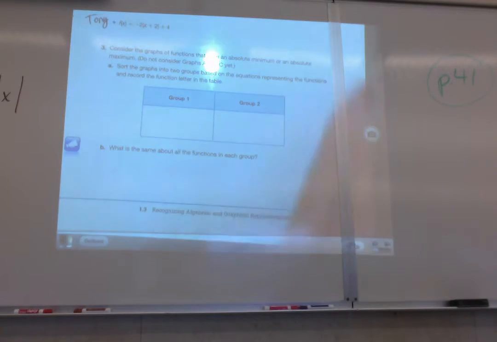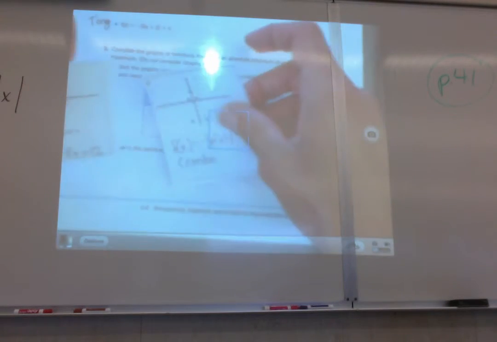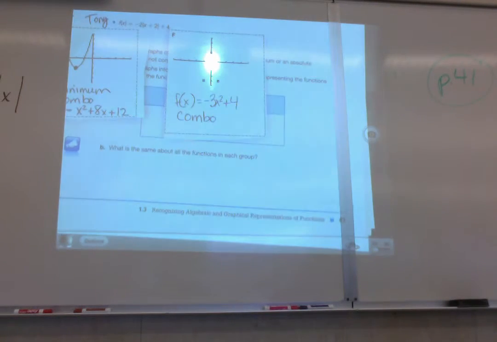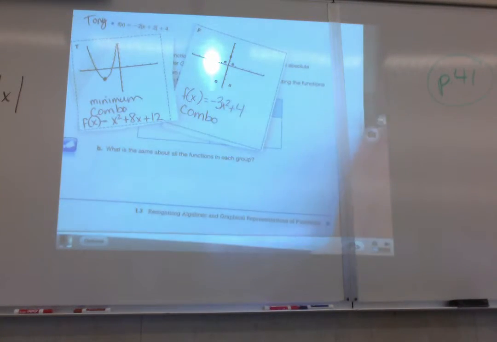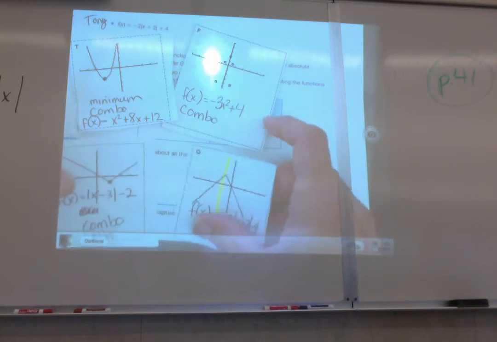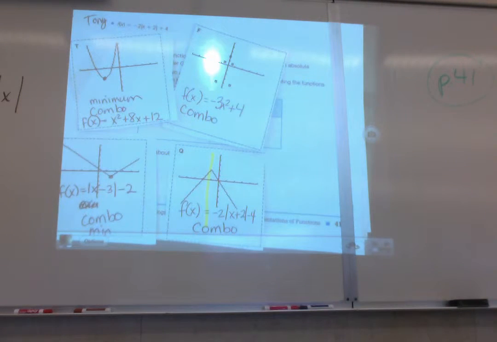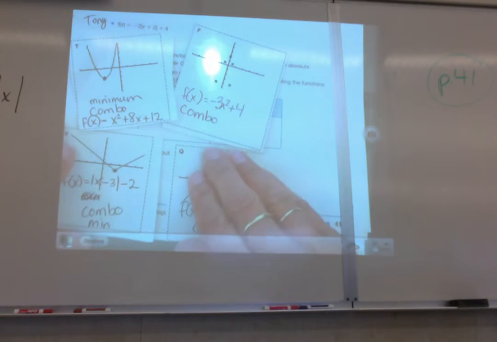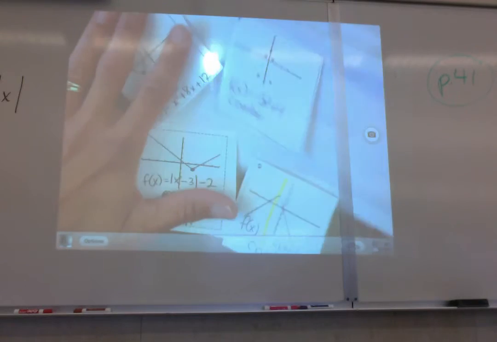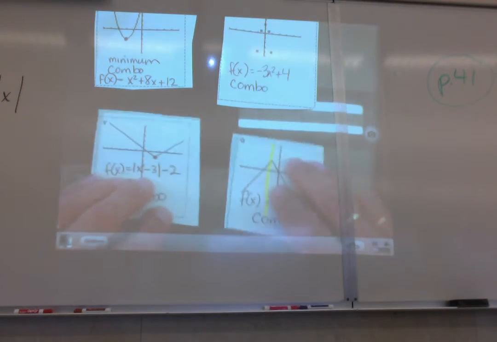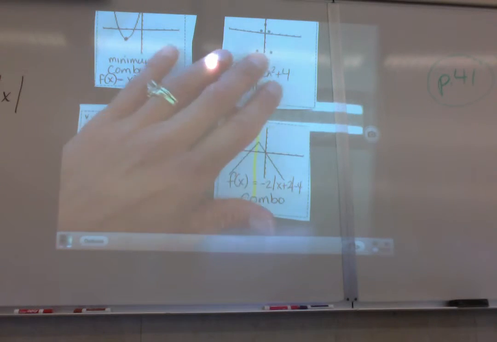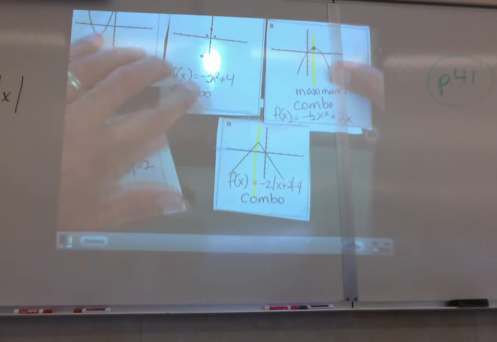So now you're going to take a look at graphs like T and F, and graphs like V and Q, and say, what do we notice in these equations? Okay, T and F, V and Q. Let's throw B in there.